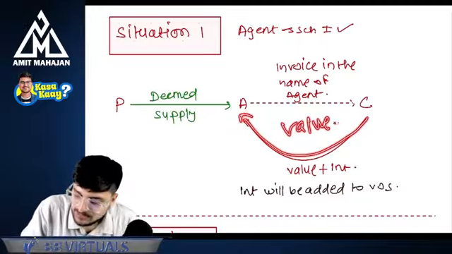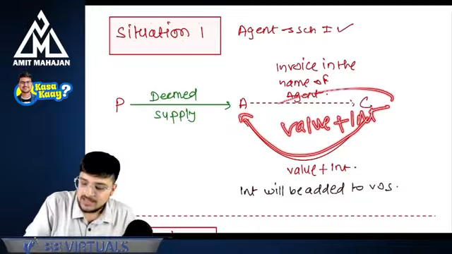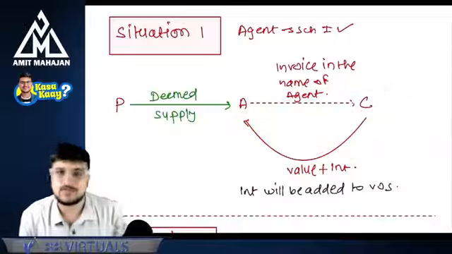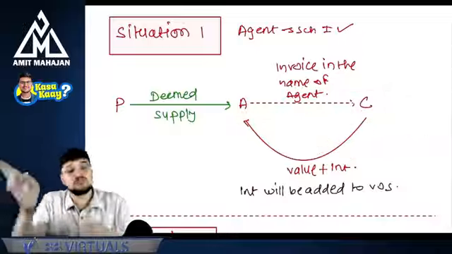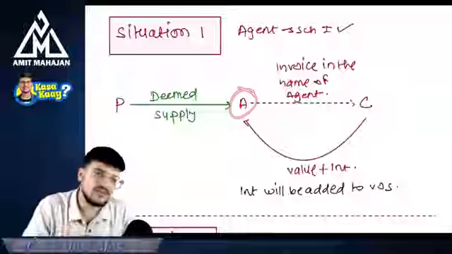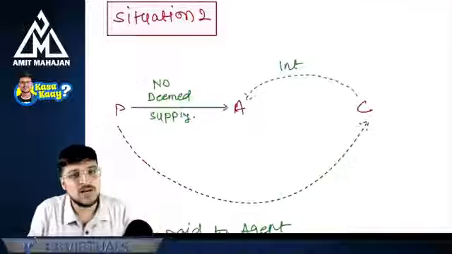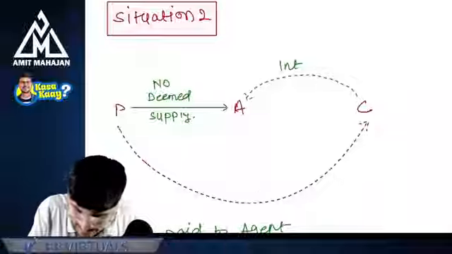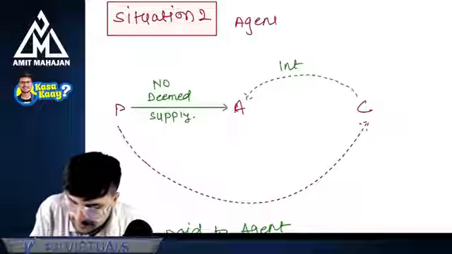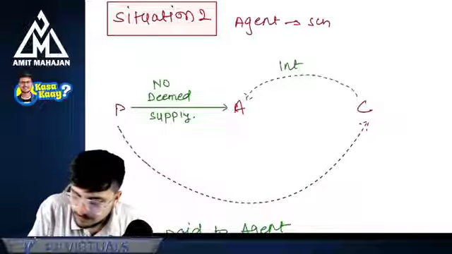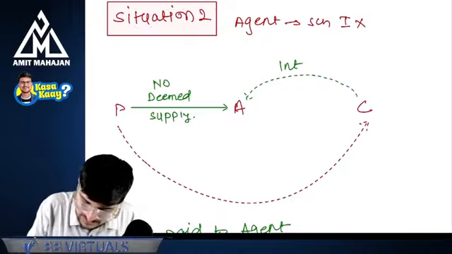And since the customer is making a payment of interest also to the agent, we can just add interest to value of supply. Because this value and interest, both the things are getting paid in the name of the agent.